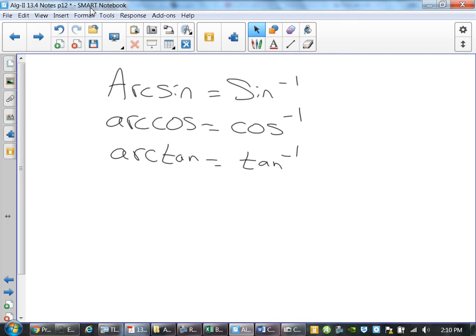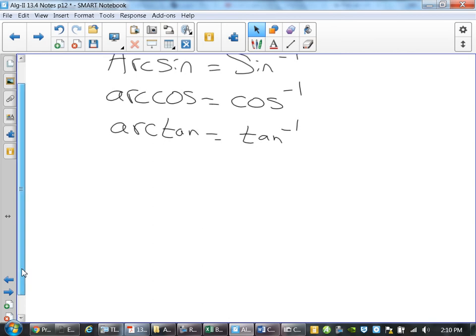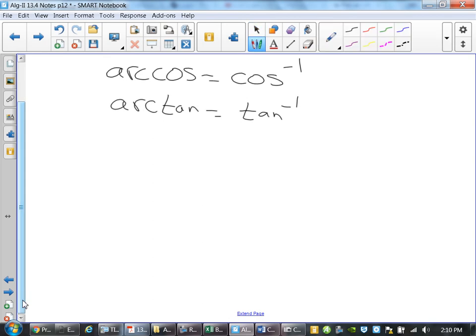When you graph sine and cosine, and I know I showed you guys this earlier, on the unit circle, at 0, sine was 0. At pi over 2, it's 1. At pi, it's 0. At 3 pi over 2, it's -1. And back at 2 pi, it's 0.